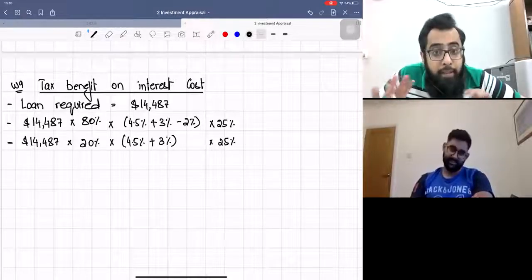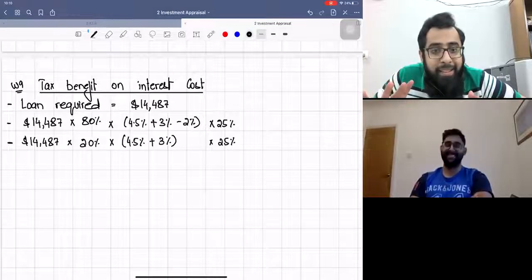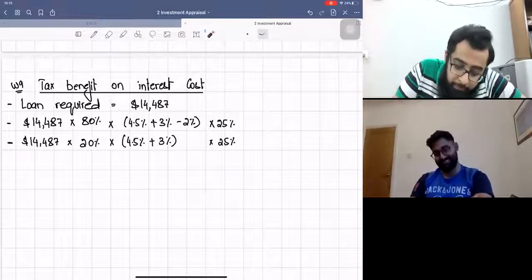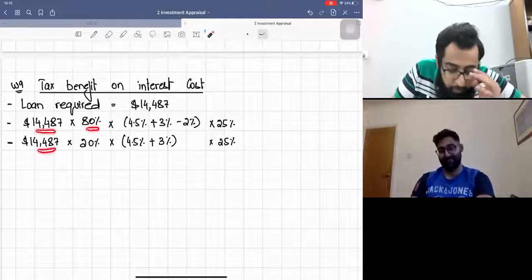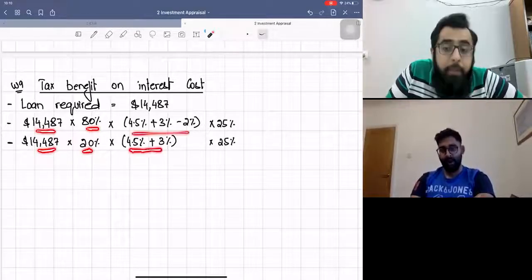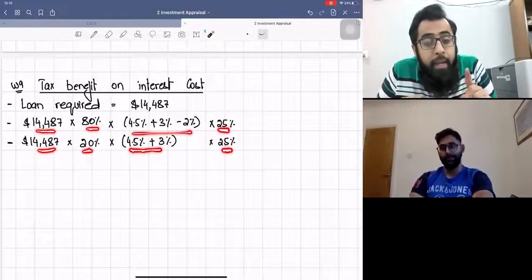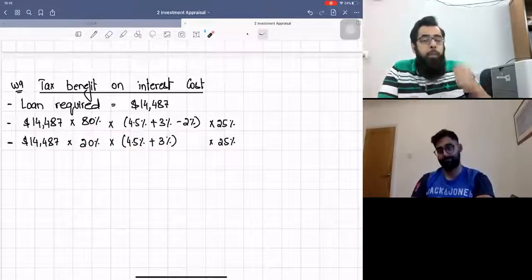The finance amount: 80% from the government, 20% is mine. The interest, 25% is the tax benefit. Done? Now the most important question.